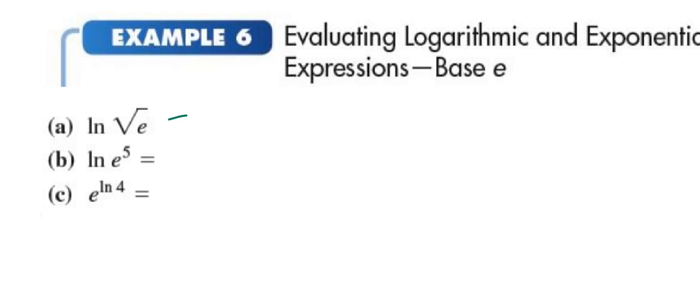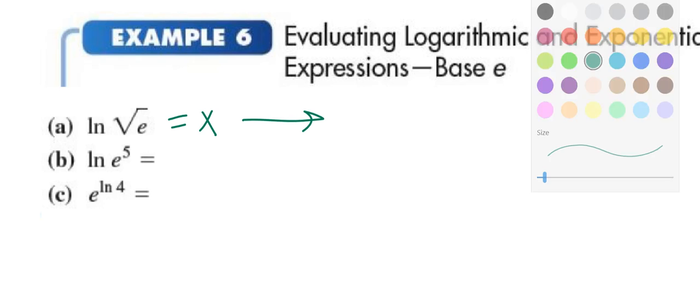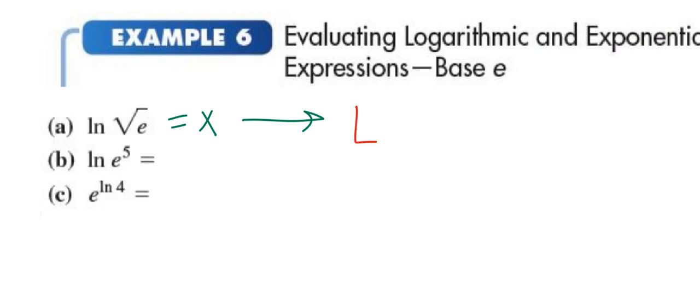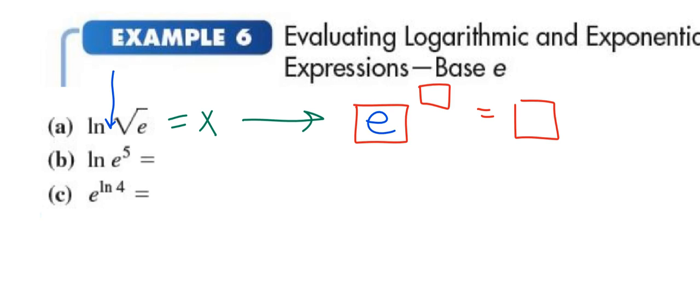Let's see here. We'll set it equal to x. It is a single log, so we can change it to its exponential form. What is the base? Base to the exponent equals something, and then we'll fill in the boxes. The base, well, folks, the base is right down here. I know you can't see it. It's in super microscopic print. It is an e.